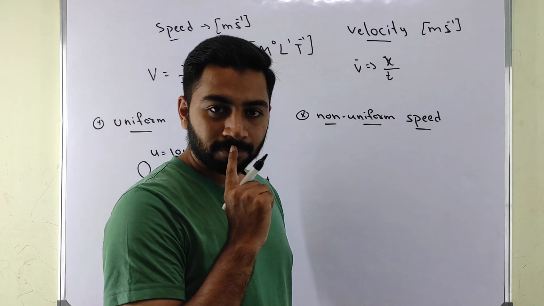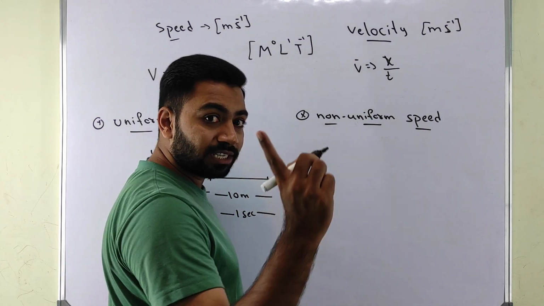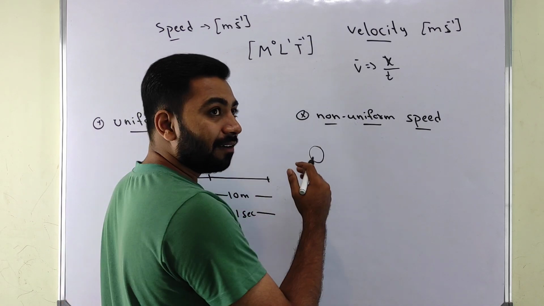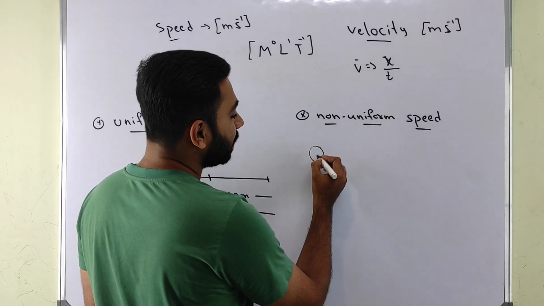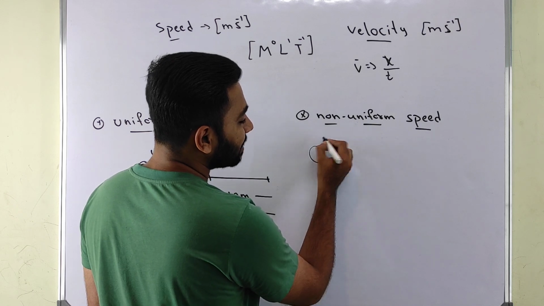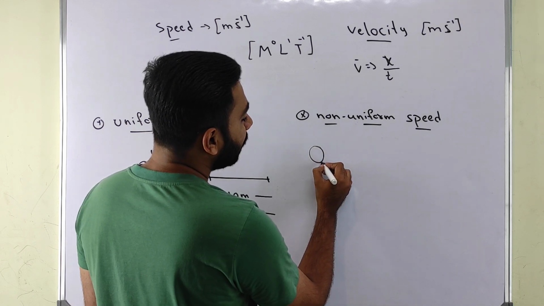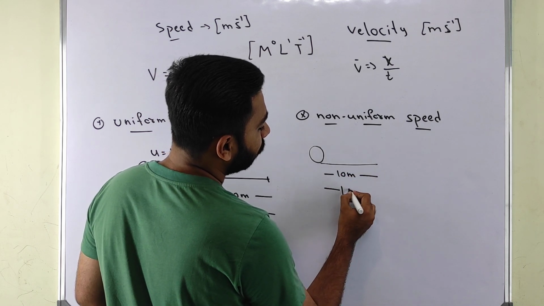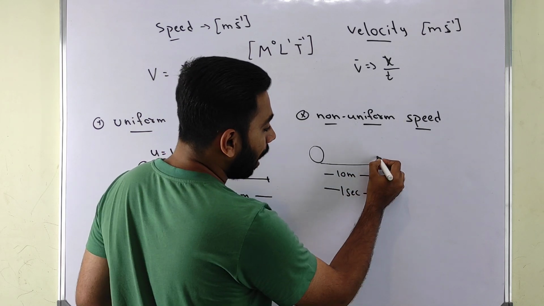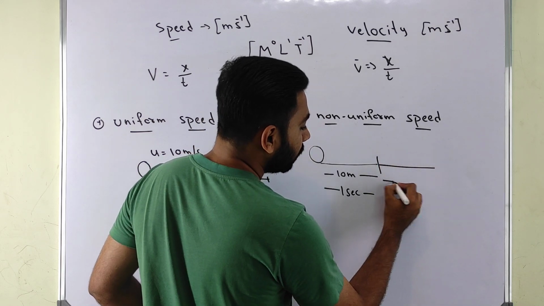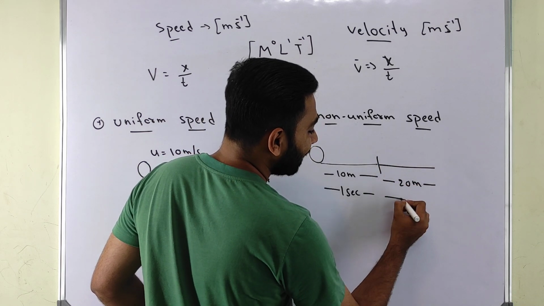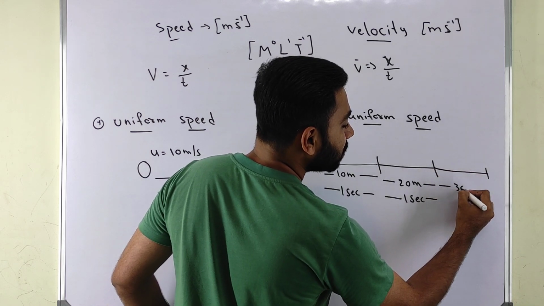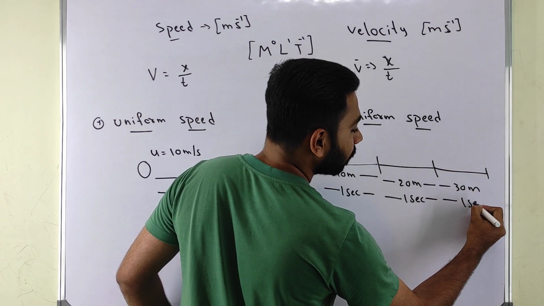Why is it not the same? See, first definition proof. A particle first has some velocity. It covers 10 meters in the first second, then 20 meters in the next second, then 30 meters in the next second.